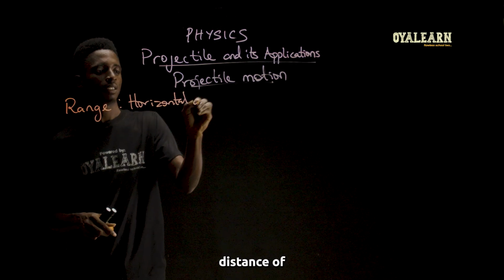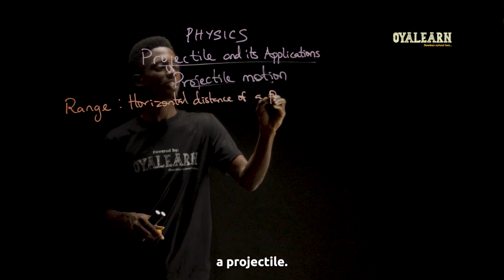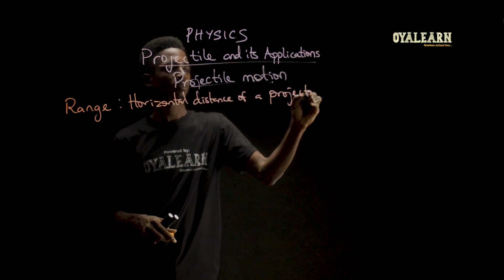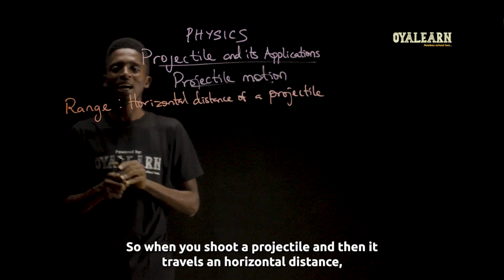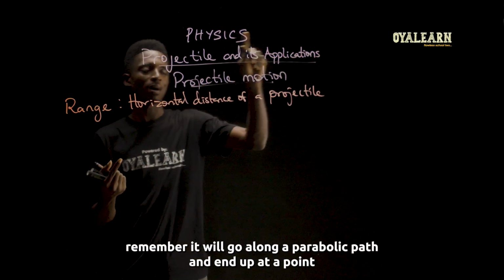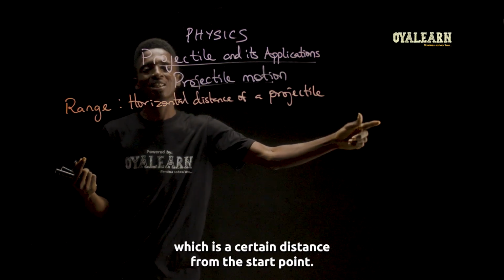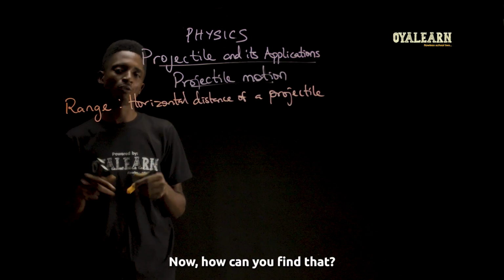Horizontal distance of a projectile. Okay, so when you shoot a projectile and then it travels a horizontal distance, remember it will go along a parabolic path and end up at a point, which is a certain distance from the start point. Now, how can you find that?